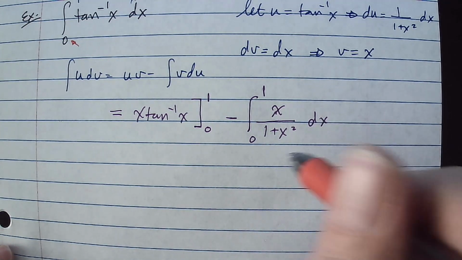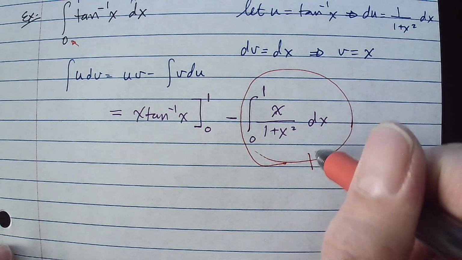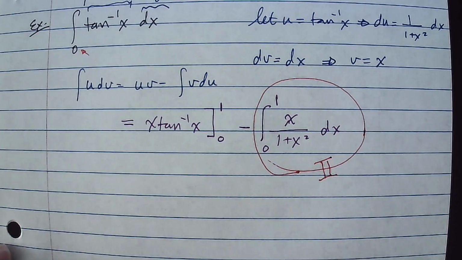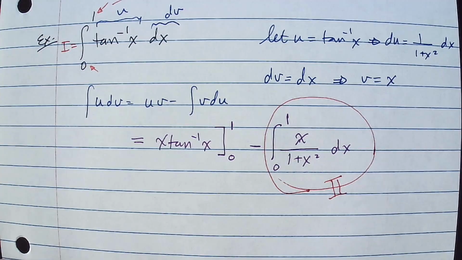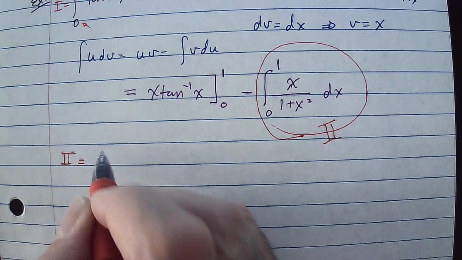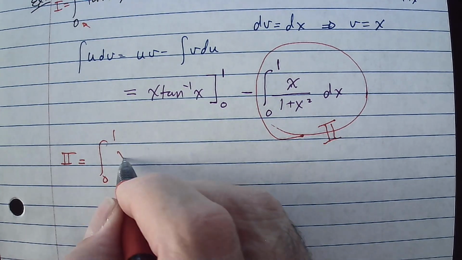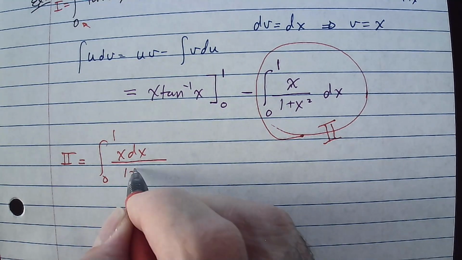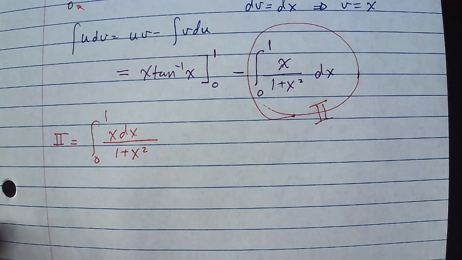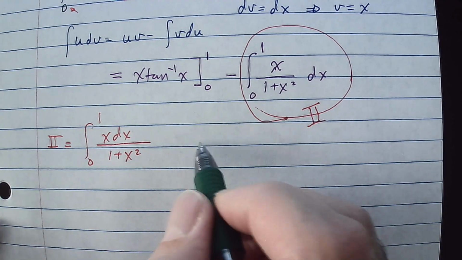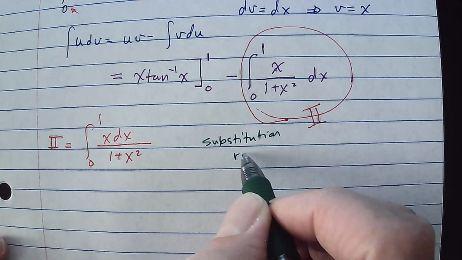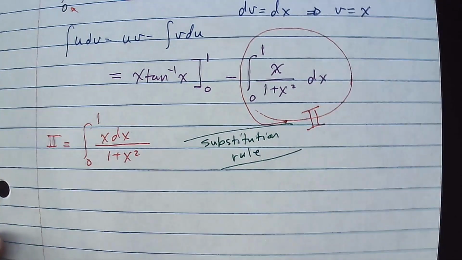Let's take it aside and call it number 2, and therefore with this labeled number 1, I'll take number 2 as the integral 0 to 1 x dx divided by 1 plus x squared, and then I go and use the substitution rule.